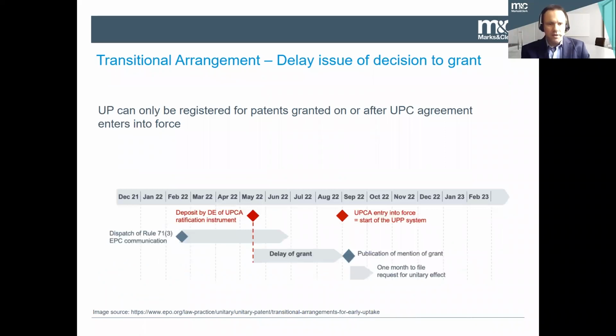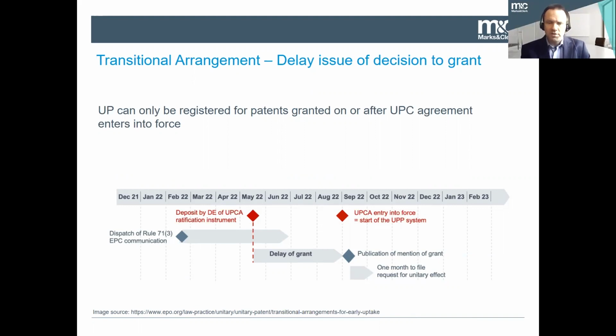Now, it is entirely conceivable, in fact almost inevitable, that people might think, I want a unitary patent, but as said earlier, unitary patents are only available after the UPCA has come into force, i.e. not now. So what do you do if you want a unitary patent but can't get one yet because the UPCA is not in force?